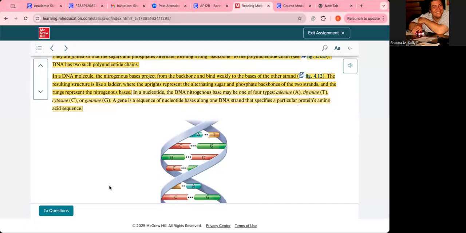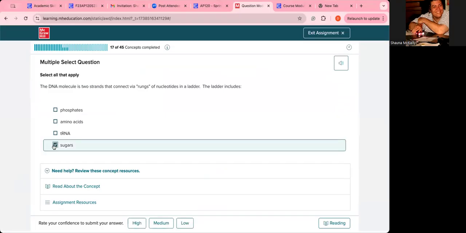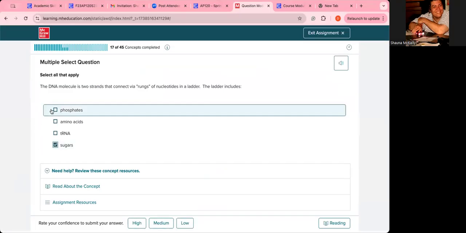Okay, so let's go back. It contains sugar and phosphate and amino acid.